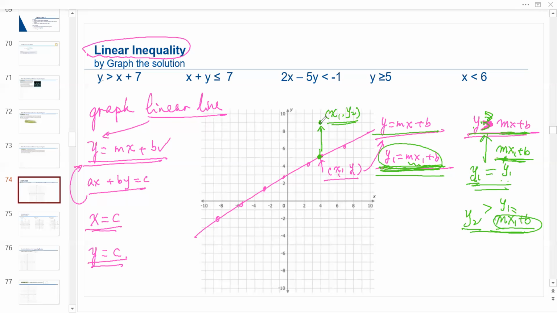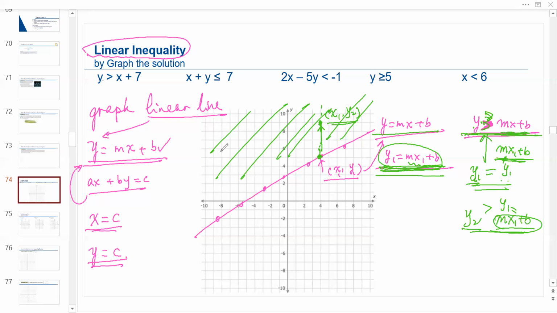y2 is greater than y1. So it means this dot, or any dot above this dot, can match this situation, right? So any dot on top of here can match this situation. Any dot below this dot will make it less than this situation. So any dot above this line is greater than this line, right?